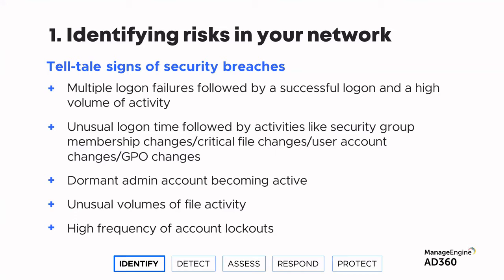Essentially, if it's a logon that's happening in a non-business hour and the request is from an IP address that was never really tagged in your network, you'd immediately know that there's a deviation in the logon behavior. And so is the case with modifications that are done right after that. How can you stop a user or an attacker from proceeding and making privilege changes or making changes to the GPO? Such deviations can be immediately spotted and notified.